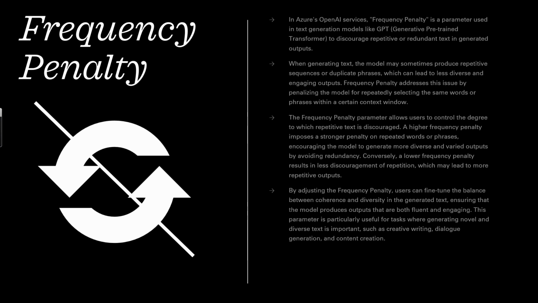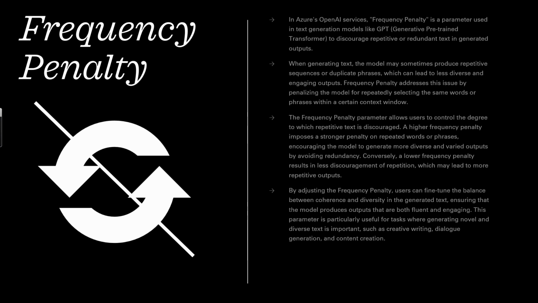The frequency penalty parameter allows the user to control the degree to which repetitiveness in the text is discouraged. The higher the frequency, the stronger the penalty on repeated words or phrases, encouraging the model to give diverse and varied output. For example, it might use bright and shine as two different words, rather than using bright and bright again. So that's what it does.